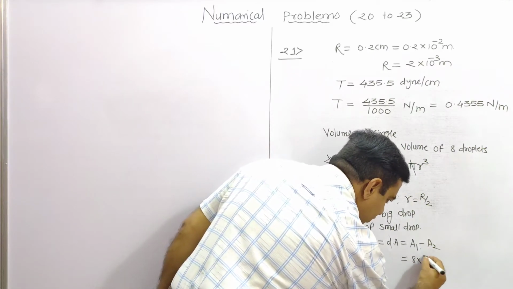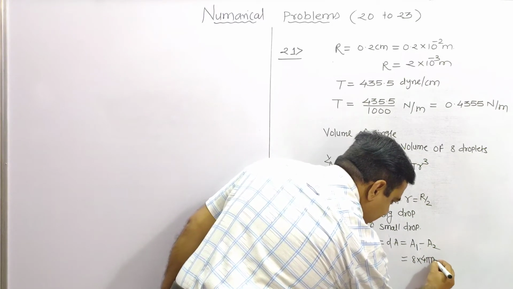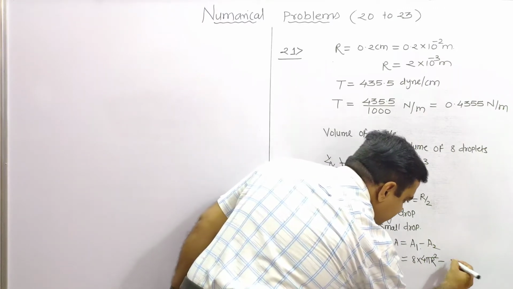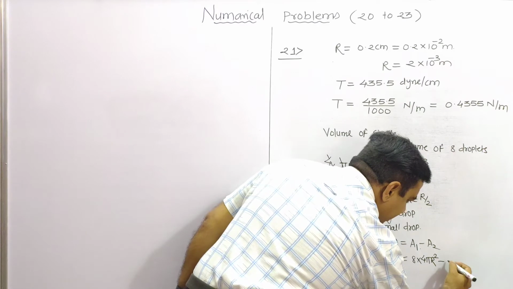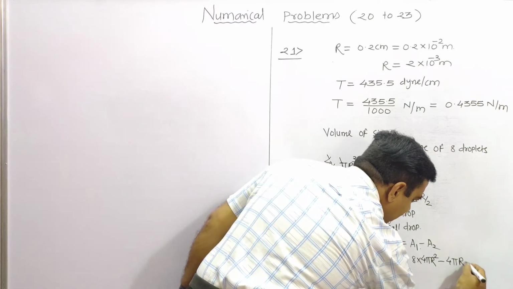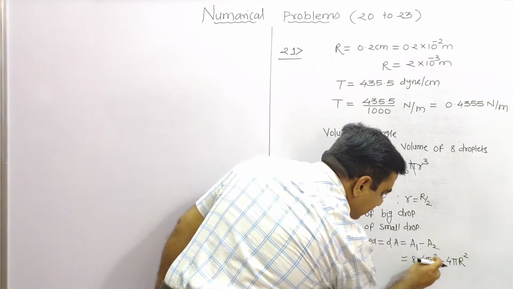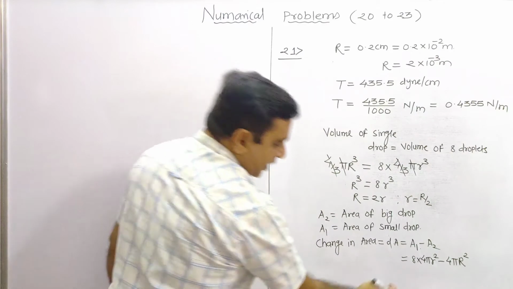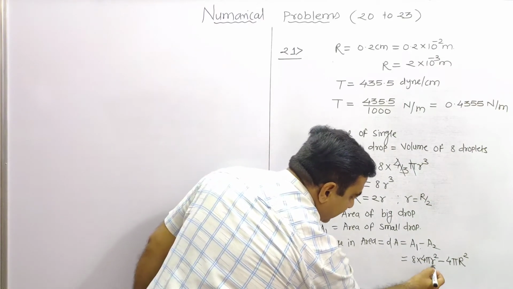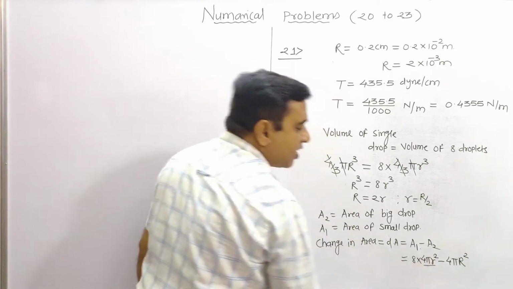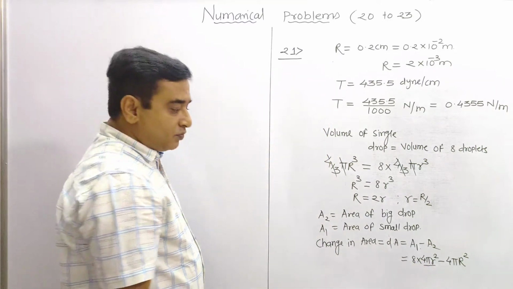So 8 into 4 pi r square, this one is the bigger area, this one is the smaller area. The smaller area A2 is 4 pi r square, but for the small droplet, so it is smaller. 8 into the small droplet area, that is 4 pi r square, since it is a sphere. A sphere has the area 4 pi r square.